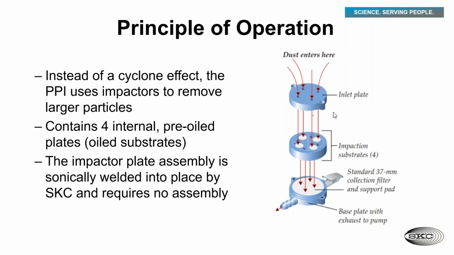So those larger particles that can't make that corner to get into the secondary inlet impact directly on this oiled impactor here. Whereas the smaller particles that are in the airstream are able to make that corner and travel through that next inlet and then collect on your 37 millimeter filter below. And the whole assembly is sent to the lab, but this is the filter that is being analyzed to see how much respirable dust and silica are on that.